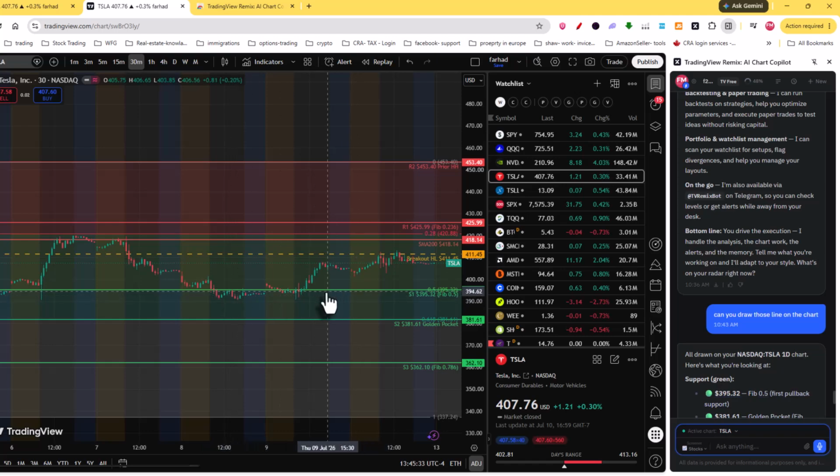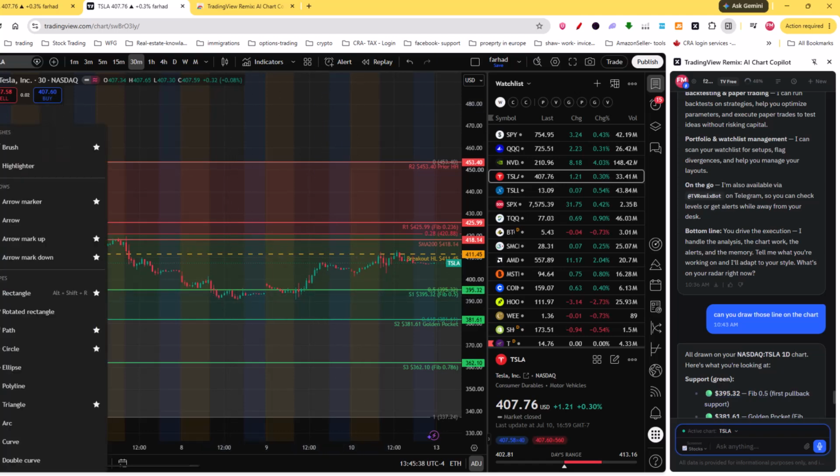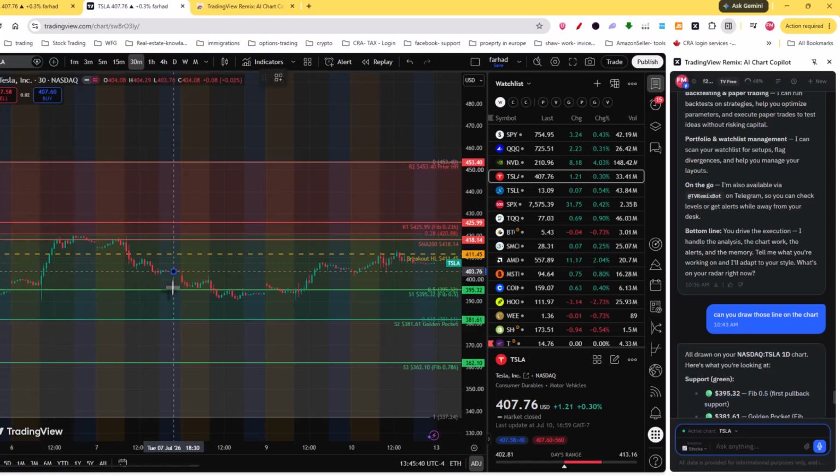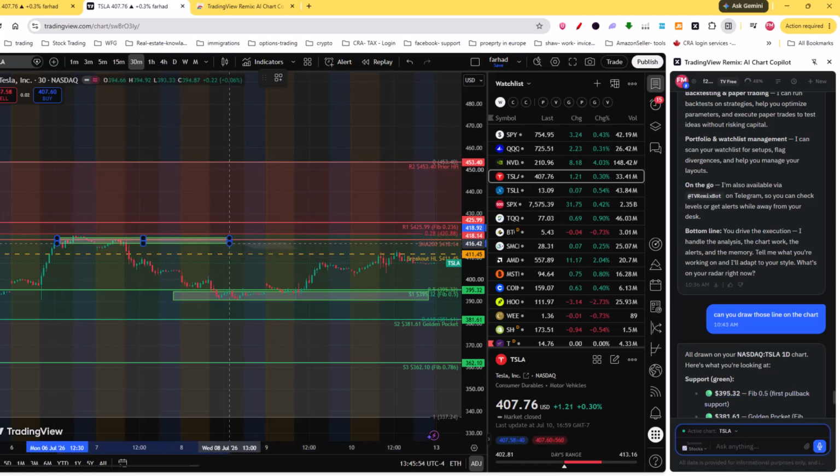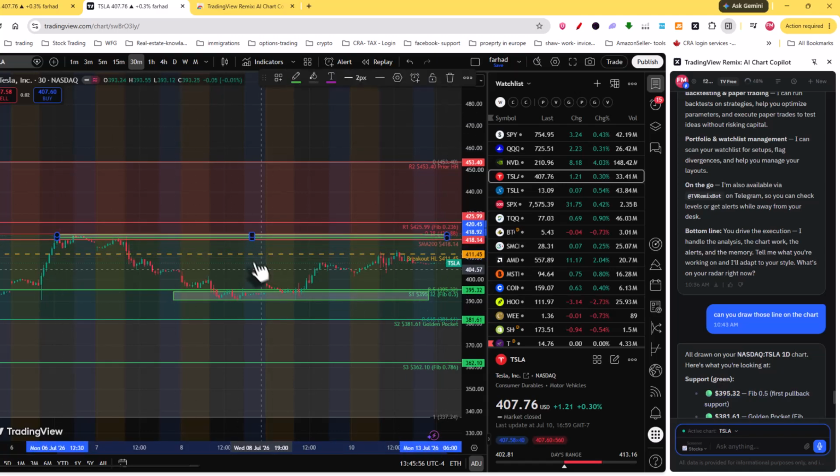So I look at this line. Honestly, look at this line. It just went and drew on the area that I was going to draw. That's the area that I would draw. This area, the demand area, support. And look at the area of resistance. Wouldn't you want to go and mark this area before you trade? Yeah, you would, right?